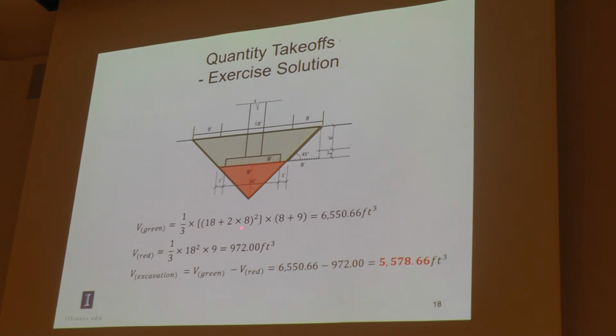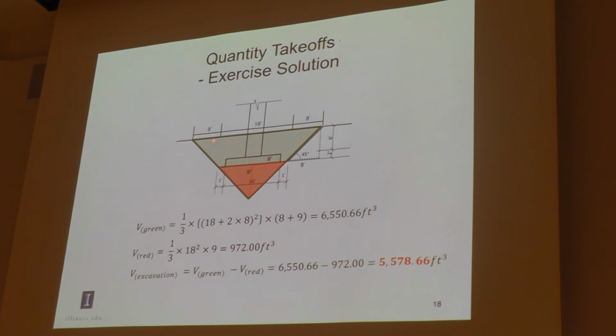So how do we calculate the volume of a pyramid? Here, for example, for the green pyramid, we have 1/3 times the area here on the top, and times the height. Height is this 8, this 9. So 8 plus 9 is the height of this green pyramid, right?